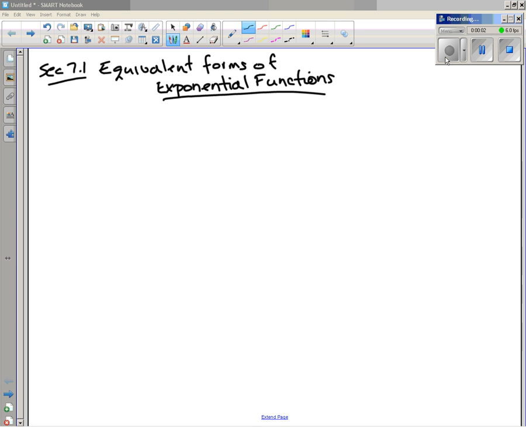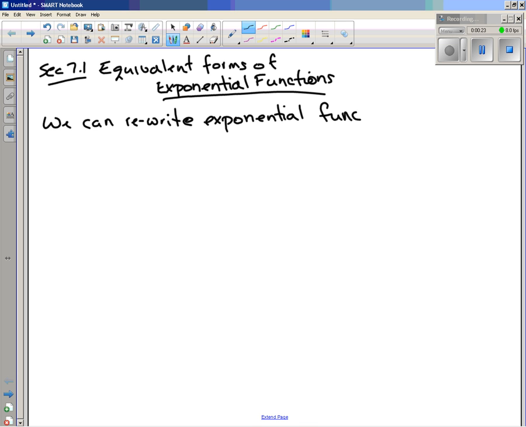Okay, so from section 7.1, we're going to look at equivalent forms of exponential functions. And what we'll say from that is we can rewrite exponential functions by finding equivalent forms of the base.